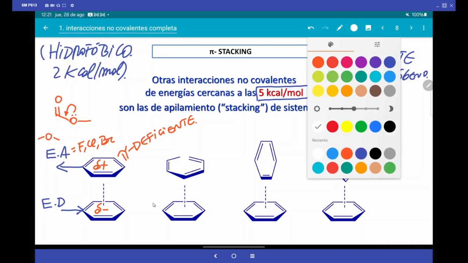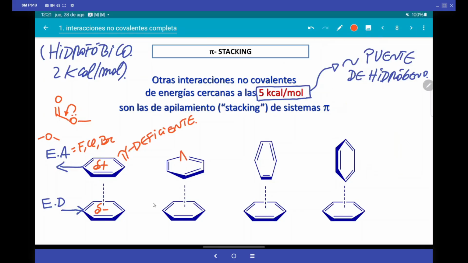Then ask, look, if the molecule was like this, what is the name of this ring? Pyrimidine, or pyridine. Very well. Which is P deficient, and which is P enriched? Let's see.